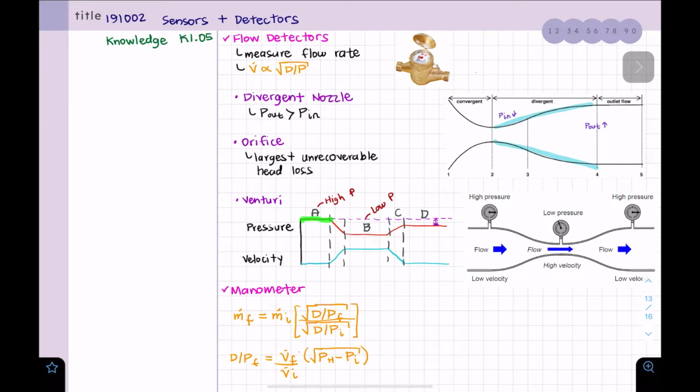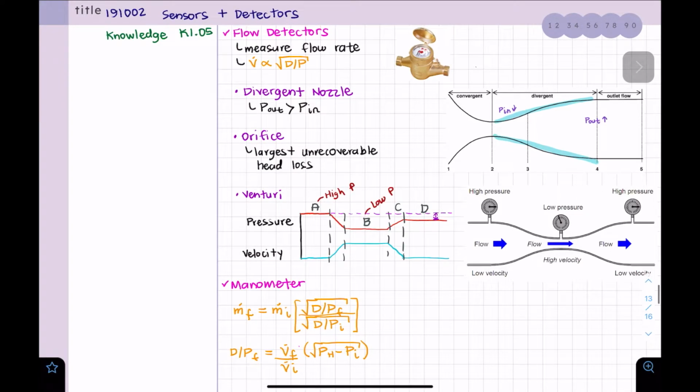So it doesn't go all the way up. Contrary to velocity, velocity goes back to its original velocity. So here we have high velocity, lowest velocity, and again high velocity. So just remember, this is area of high pressure and low pressure. And this is going to be high pressure, but not as high as the original pressure. And for GFEs, that's basically all that we need to know on this section 5.